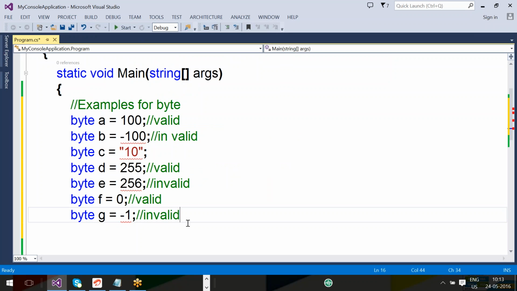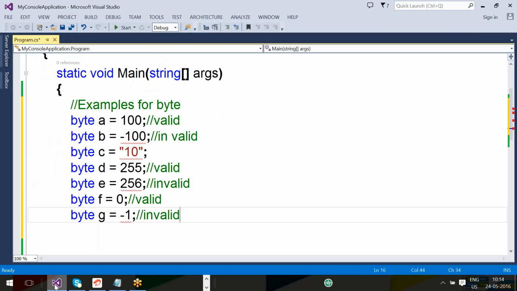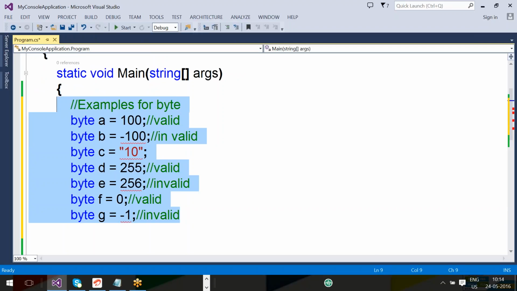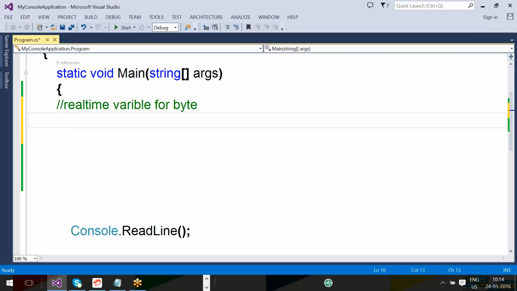Next, we'll go with real time variables for byte.